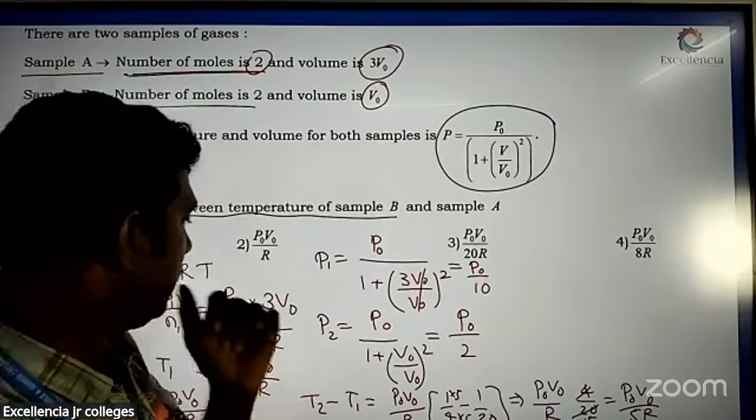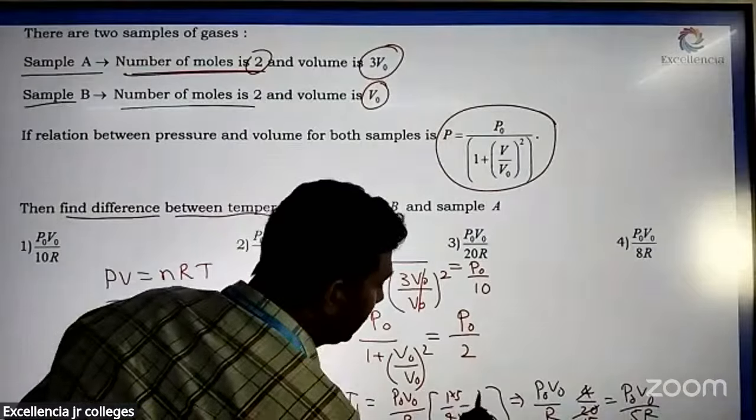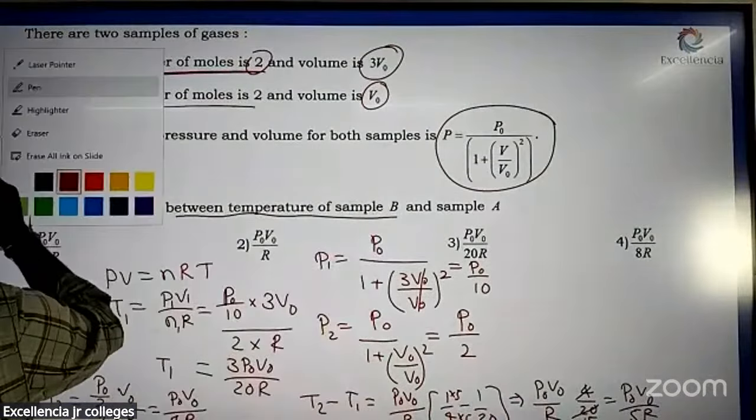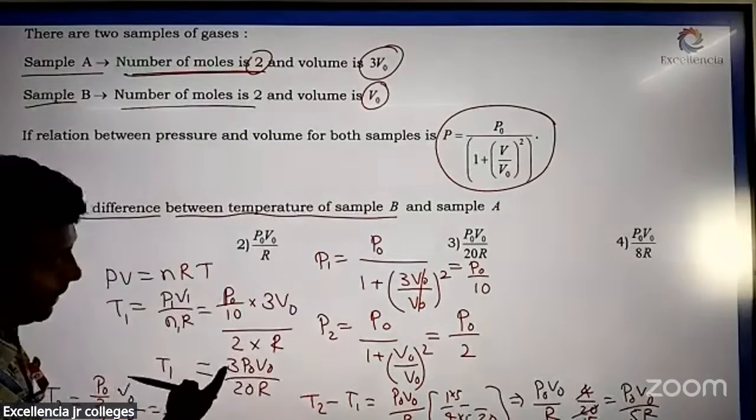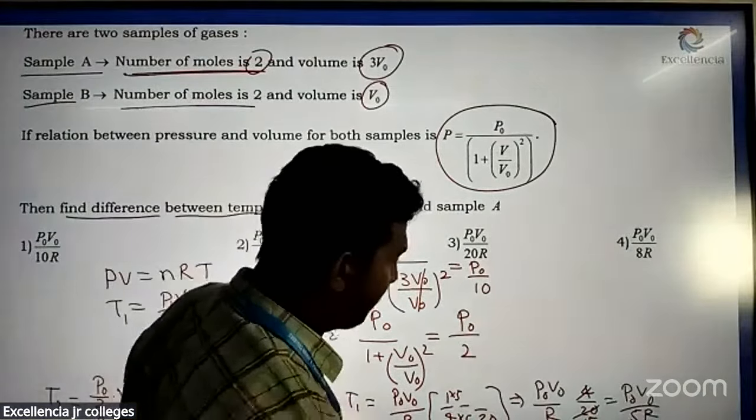Just a moment, students, we forgot to use the P value here. Because here it is 3 by 20. So just a minute.